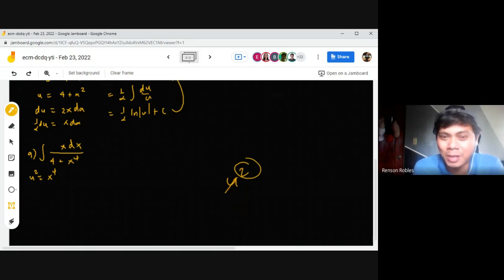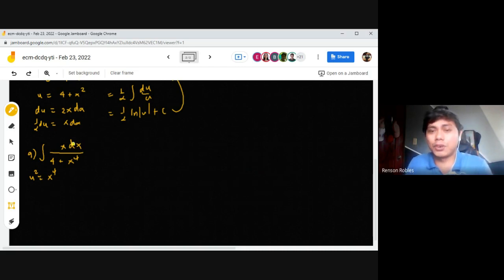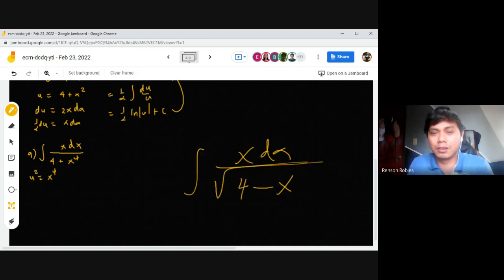But what I want to tell you is that if there's an x here, you have to look on the power of x here. So if this is 2, it will not give us an arctangent. Okay? So I am not just only referring to an arctangent form, ha? So kapag may nakita kayong ganito, papunta siyang arcsine.